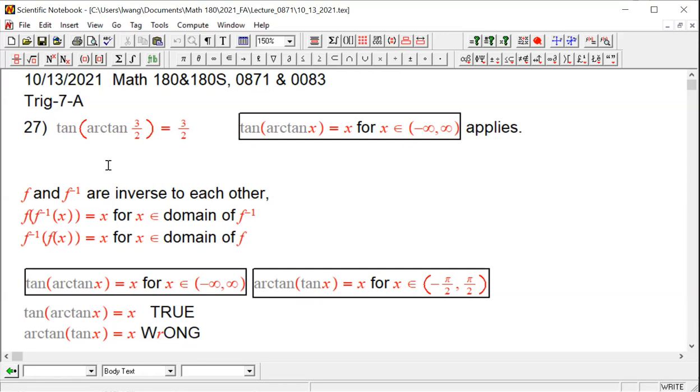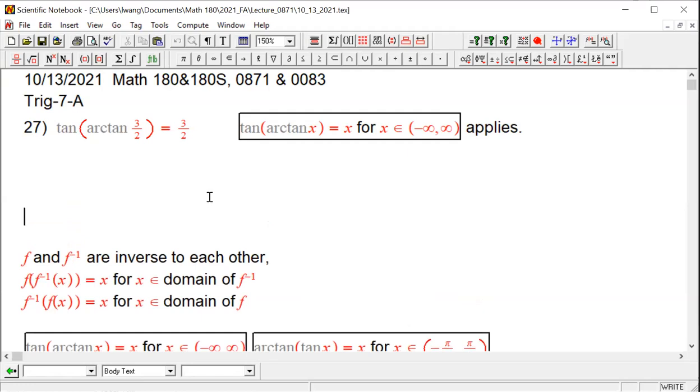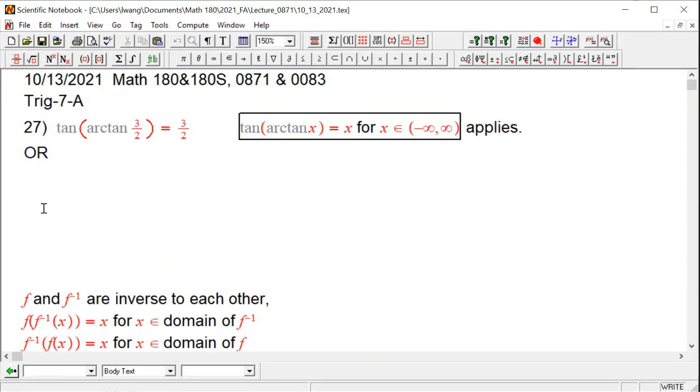What would you do? Suppose that two semesters later, in the spring you take Calc 1, in the fall you take Calc 2, you might not quite remember this process. What do you do then? What do you resort to? What you can resort to is that you understand that arctangent takes a ratio as input, tangent takes an angle as input.